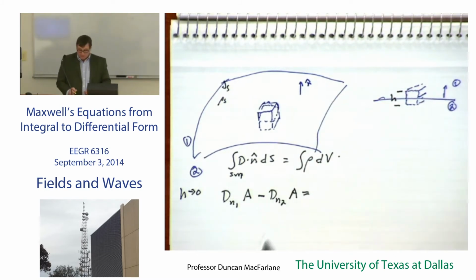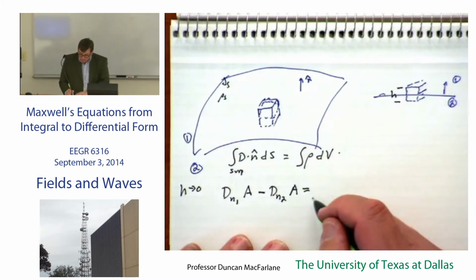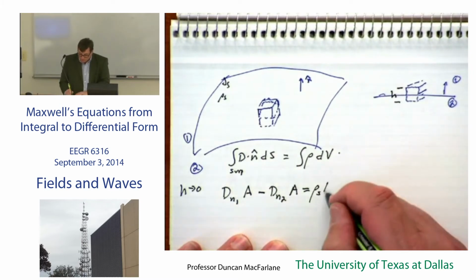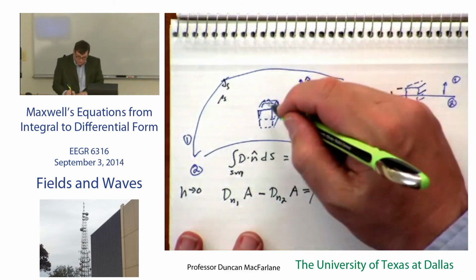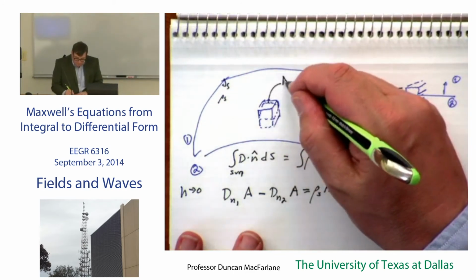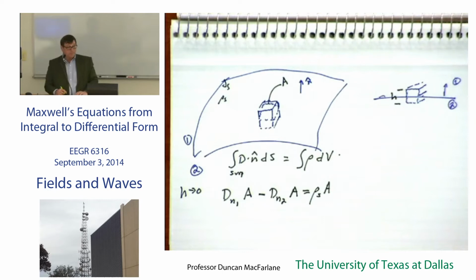So there's my top contribution, material 1. There's my bottom contribution, material 2. Right on the surface, I have the surface charge. And depending on how big this area is, the area goes away.